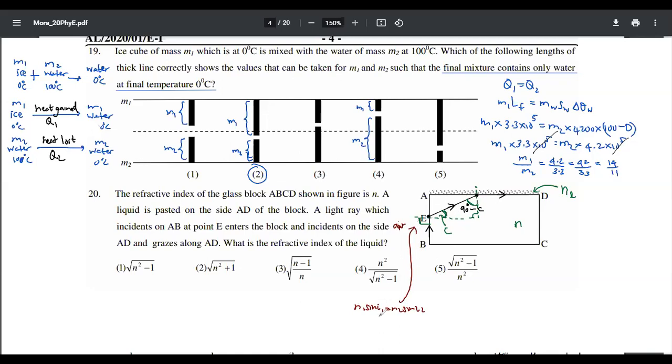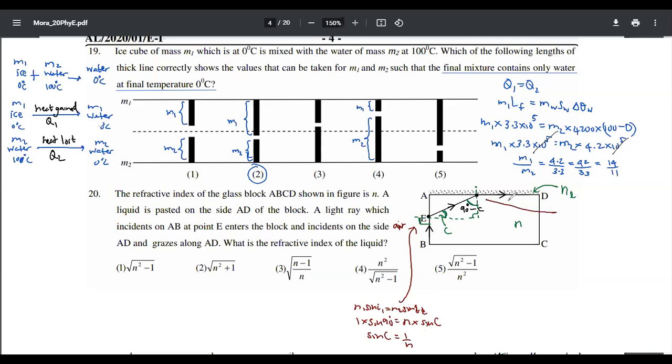Just start fresh. 1 into sin I1, which is sin 90, equals N2, the refractive index of the glass, N into sin I2, that is sin C. So from that we know sin C is equal to 1 over N.